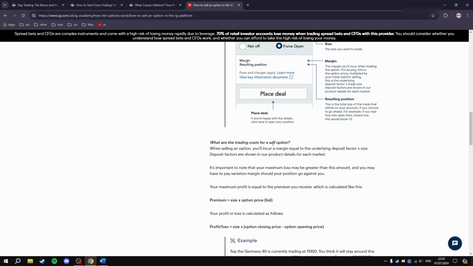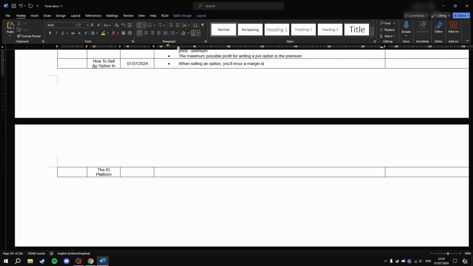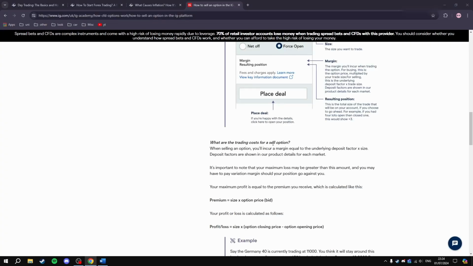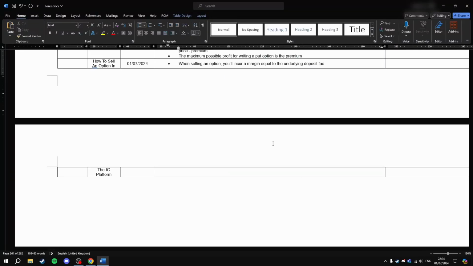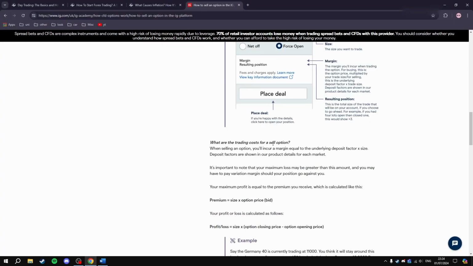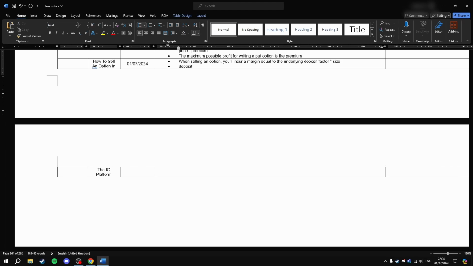Deposit factors are shown in our product details for each market.